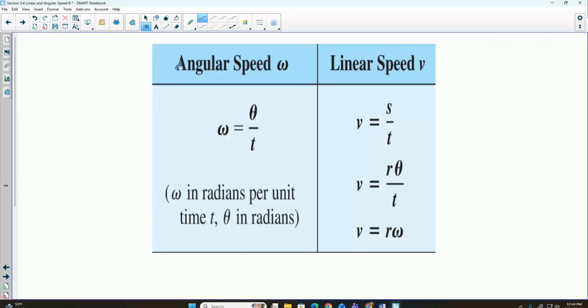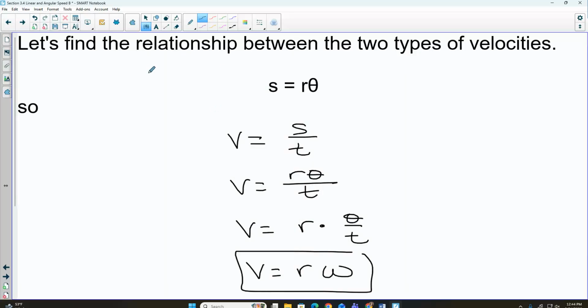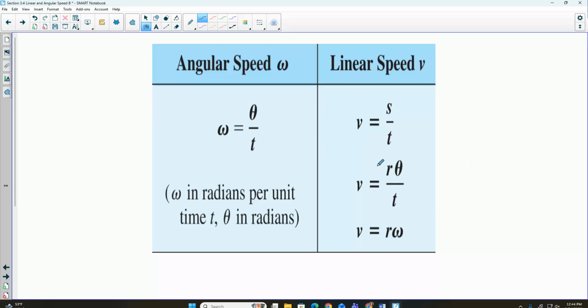Did you guys have everything you needed? This is the table that's given in the book. On your formula sheet, I don't give you this one because it's not really needed. It's just kind of an in-between step. But on the formula sheet for the test, all three of these would be on there. And so it gives us everything we need. My suggestion to you, we've been practicing this in all the problems we've done: when you read a problem, make a list of what variables you have and what they're equal to.